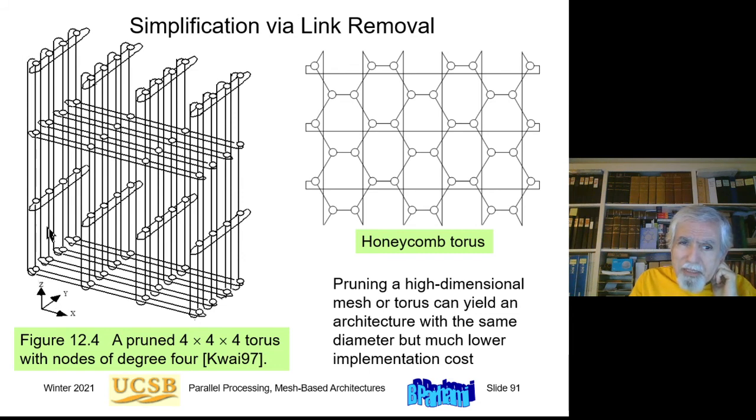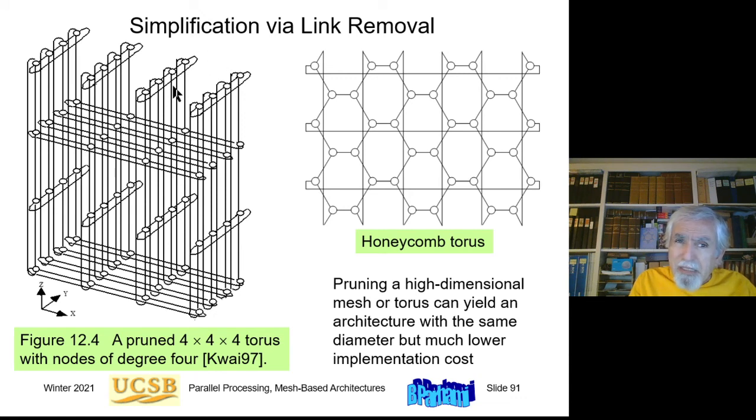So all the links in the direction z are there, but direction x and y links are pruned, or half of them are removed, in the sense that the top layer has only links in direction y, no links in direction x. The next layer down has links in direction x, but no links in direction y.